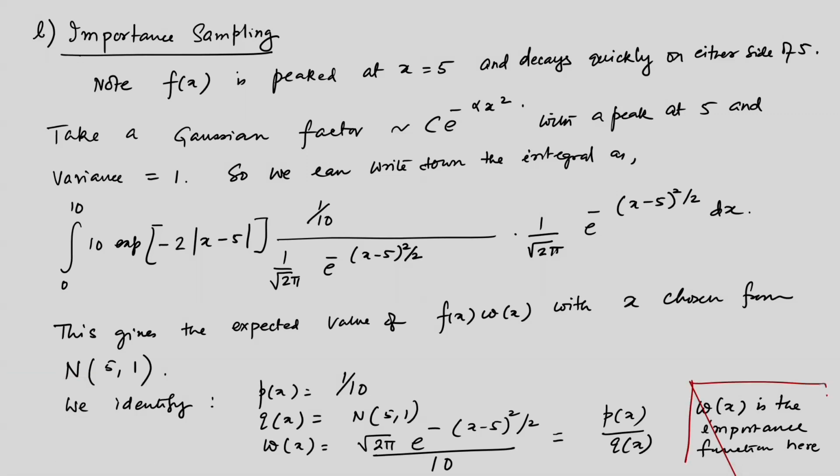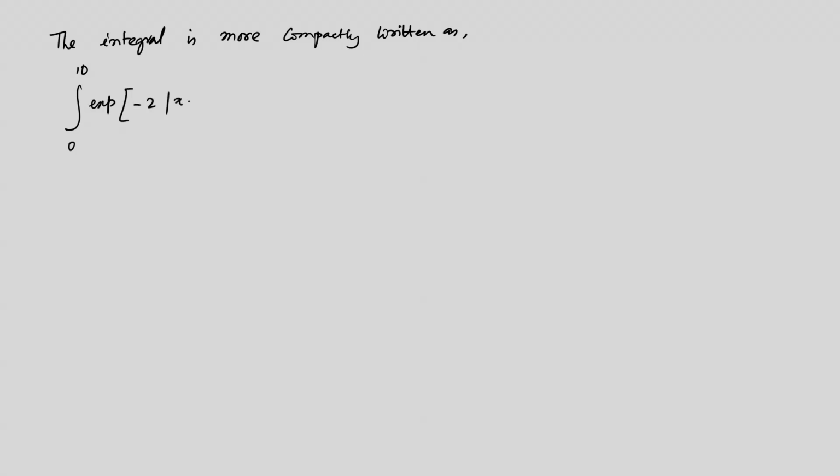So, let me box this. If that is the case, then the integral is more compactly written as, from zero to 10, exponential of minus 2 mod x minus 5 times root 2 pi exponential (x minus 5) whole square by 2, and 1 by root 2 pi exponential minus (x minus 5) whole square by 2 dx.